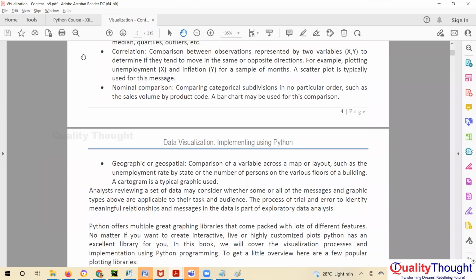Then we'll talk about nominal comparison. Nominal comparison is just to compare the nominal values, that means specific values. Let's say we conduct a test. What is the marks obtained by 8 of you? You can simply plot a bar graph. That's called nominal comparison, or bar graph.